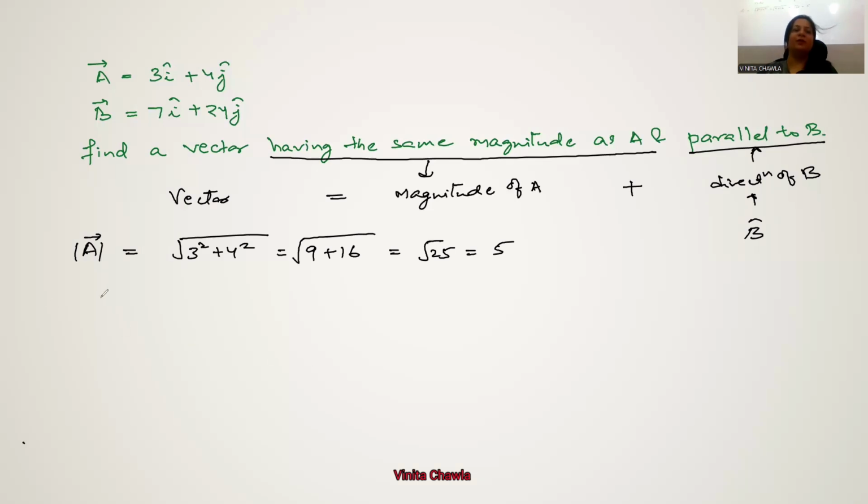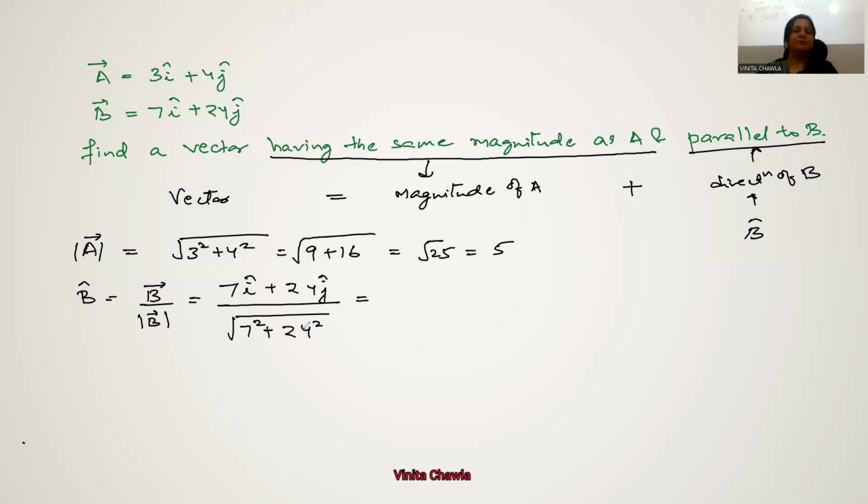So we need to find the unit vector for this. Find the unit vector of B. So the unit vector of B is vector B divided by the magnitude of vector B. Okay, vector B is 7 I cap plus 24 j cap divided by square root of 7 square plus 24 square.